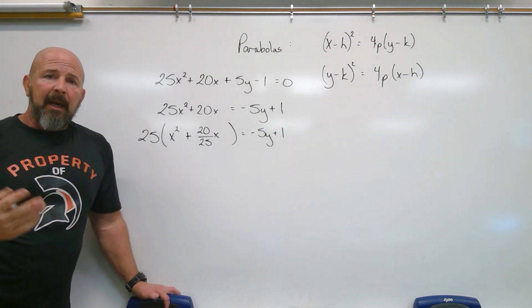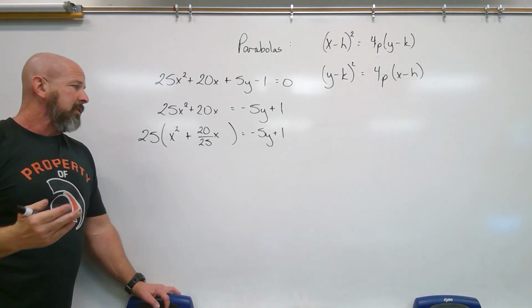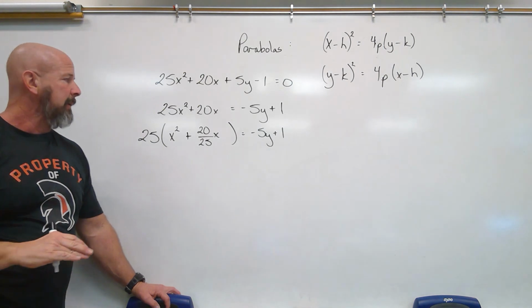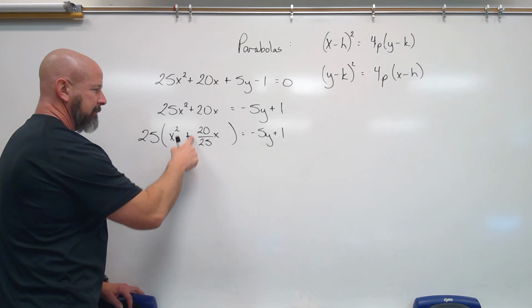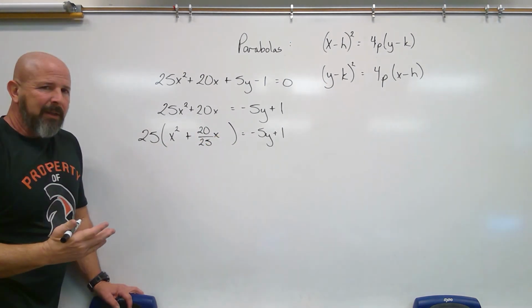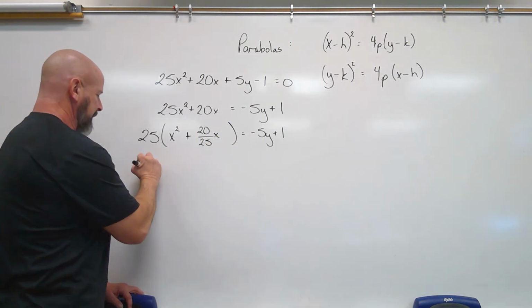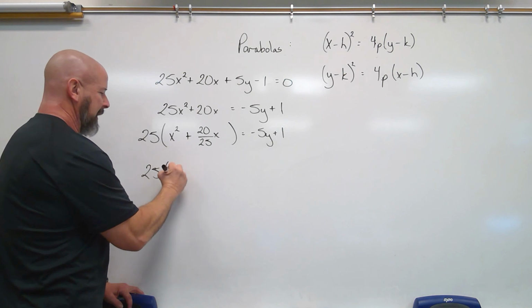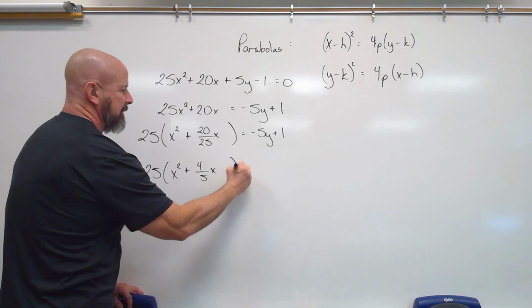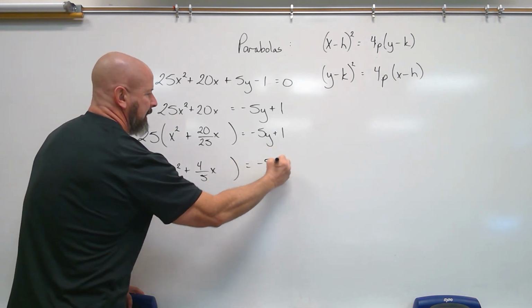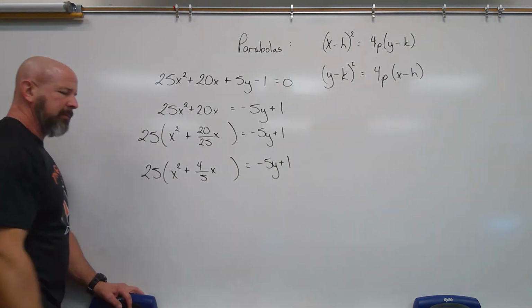Now, I do like to have my fractions reduced. Okay. So I can reduce this guy right here. I don't necessarily have to have them reduced all the time, but I do like them reduced. So this would be 4/5 x. And again, still equal to negative 5y plus 1.